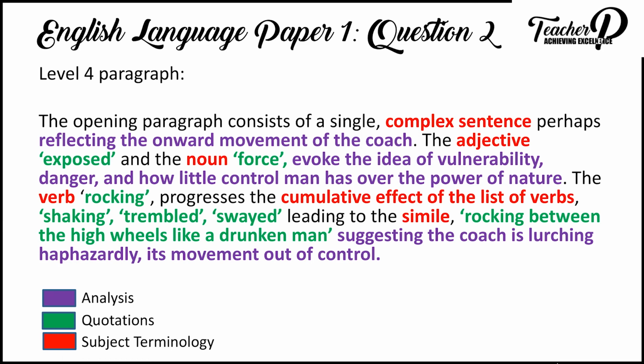In addition to that, they've used accurate and sophisticated subject terminology, so the complex sentence, instead of just saying it's a long sentence, the words adjective, noun, verb, simile, cumulative effect. So they've used a range of subject terminology within their paragraph.